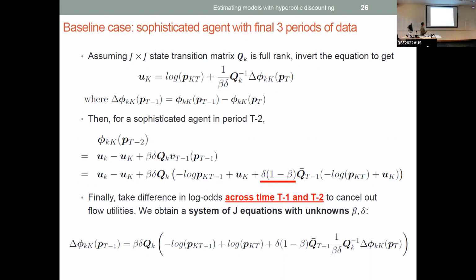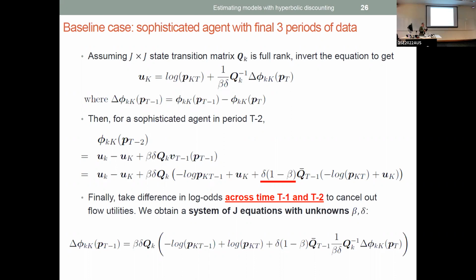Now, take the difference in log odds across time. So do this horizontally across time t minus 1 and t minus 2 to cancel out the flow utilities. We then obtain a system of big J equations with 2 unknowns, beta and delta.